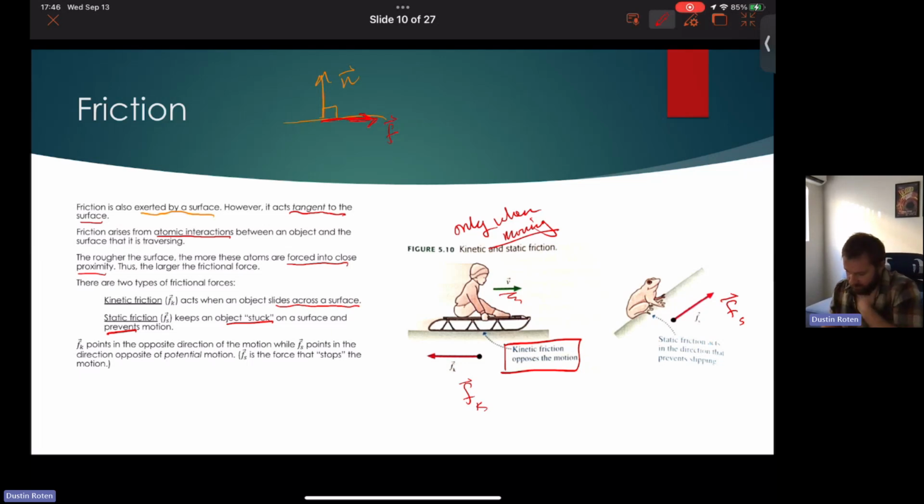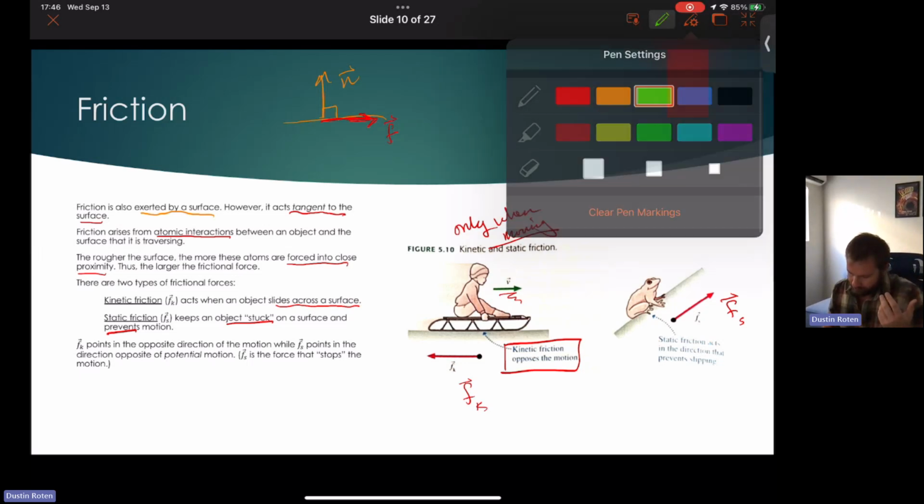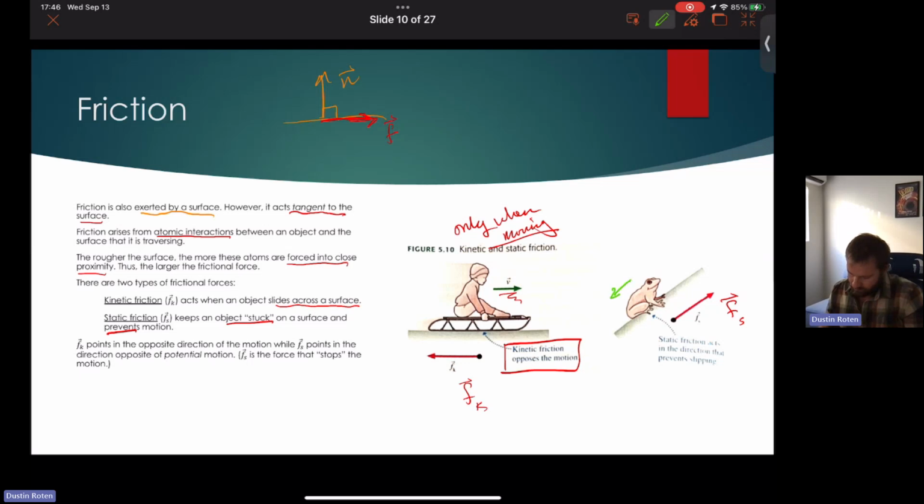So you'll notice here this frog. Well, it would make sense that what it would want to do is slide down the ramp, right? Because we have gravity acting down. So we do have this force due to gravity. So gravity's wanting to pull it down to the bottom of this ramp, but it's not sliding. I mean, it's a frog, it's sticky. So the force of that stickiness is represented by the static friction here.